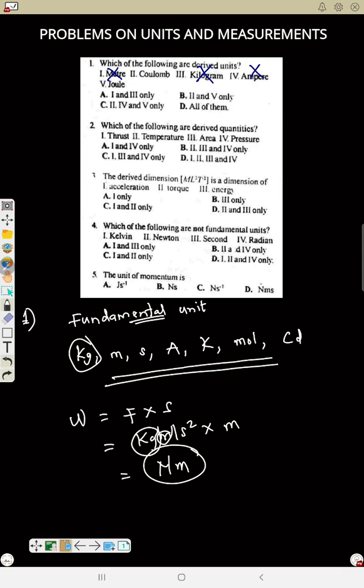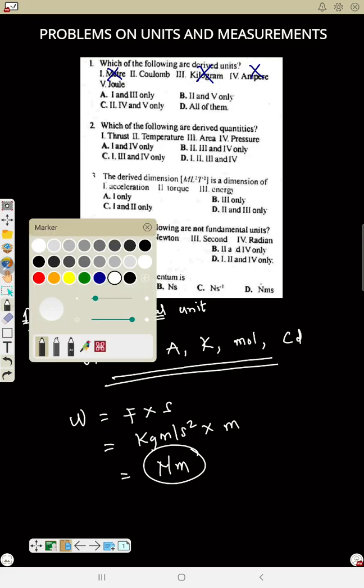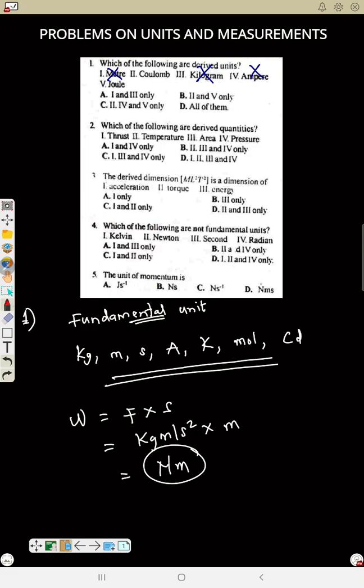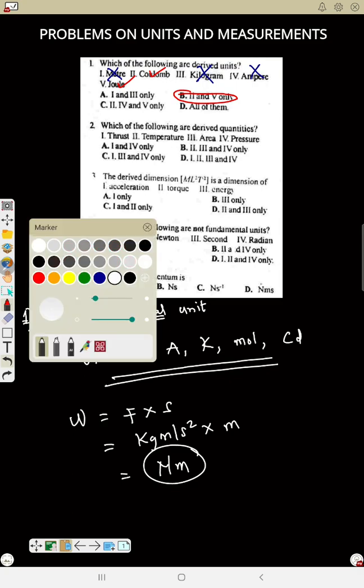So by combining units, it is a derived quantity. That means this is also derived. So the ones that are derived are coulomb and joules. So the correct answer is B, that is coulomb and joule. So that is number 1.